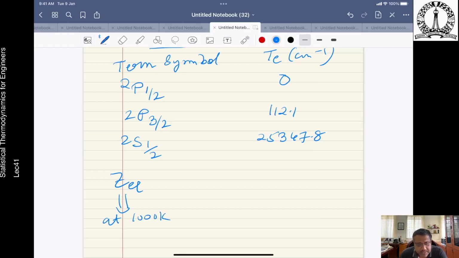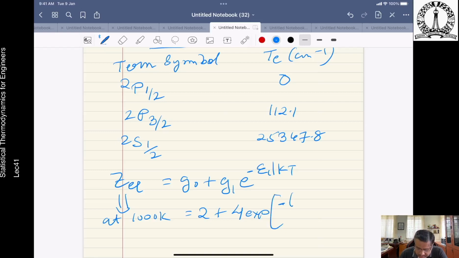Okay, at 1000 Kelvin it will be g0 plus g1 to the power of e1 by kT, which is equal to 2 plus 4 times exponential minus 1.4387 into 112.1 divided by 1000 Kelvin.